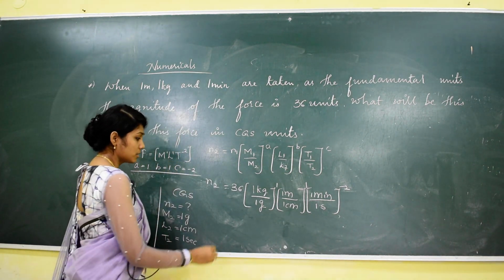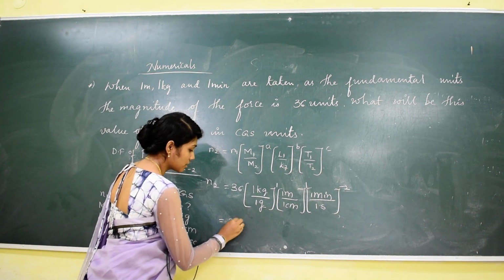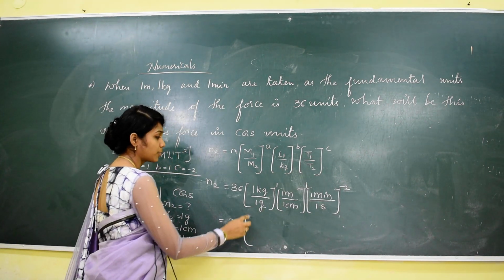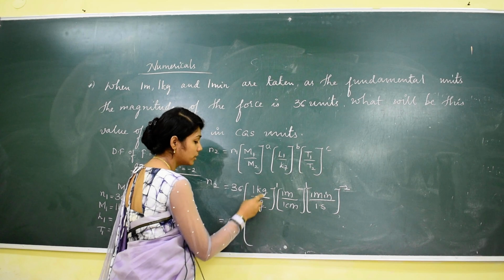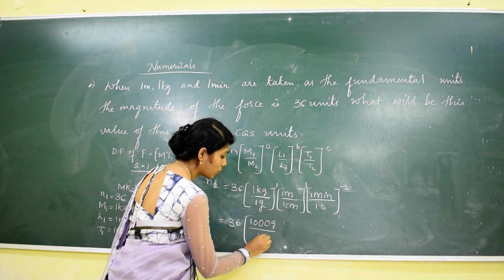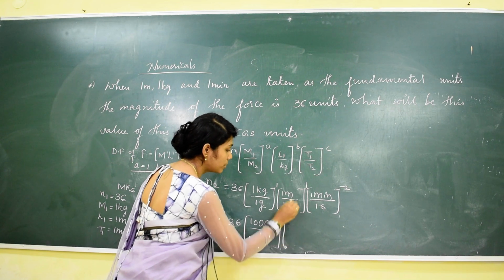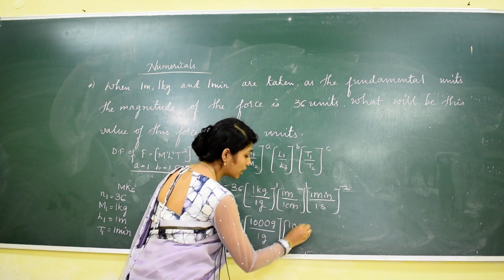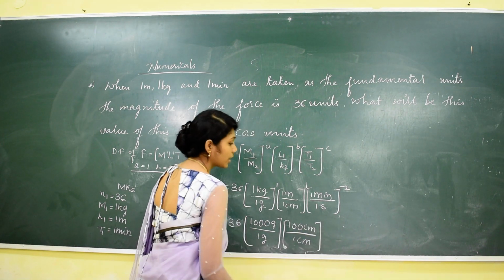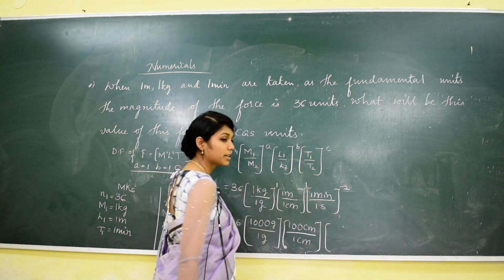Now let me simplify this expression. 1 kilogram is equal to 1000 gram divided by 1 gram, 1 meter is equal to 100 centimeter divided by 1 centimeter, and 1 minute is equal to how many seconds?